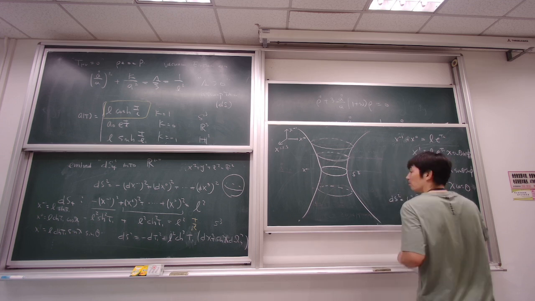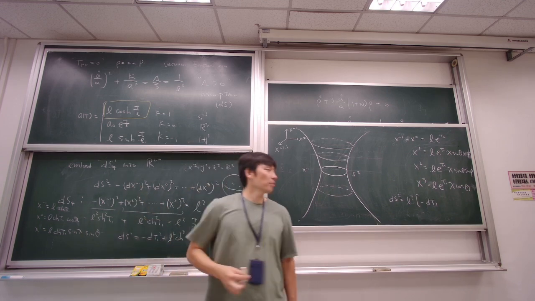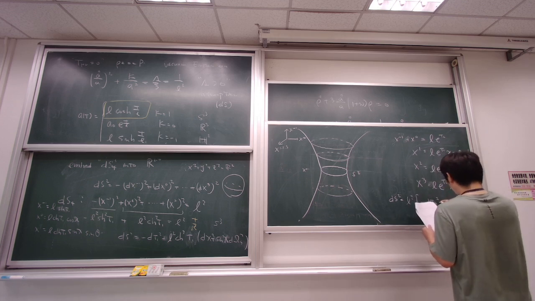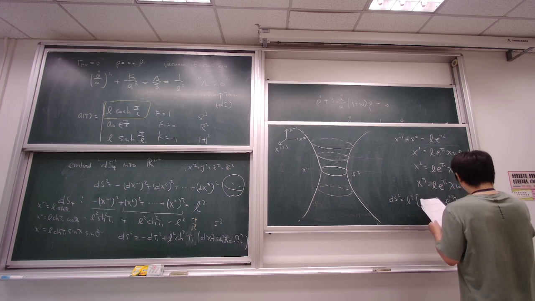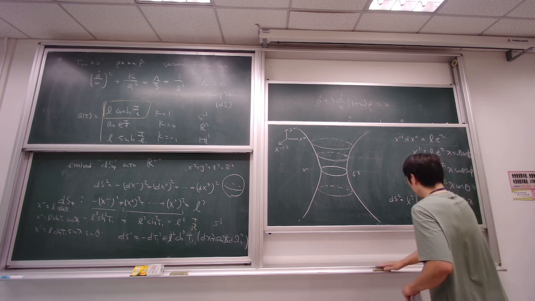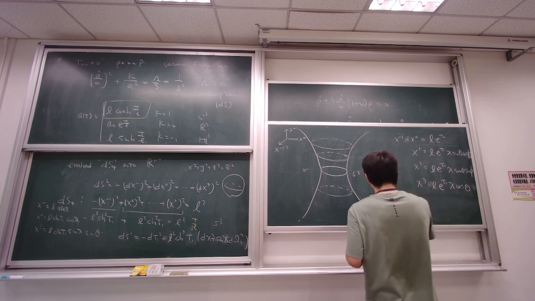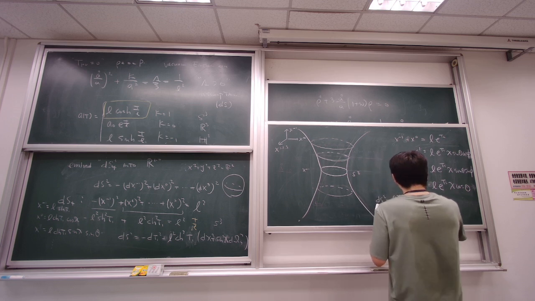In this metric, S square is equal to L square minus d tau 2.